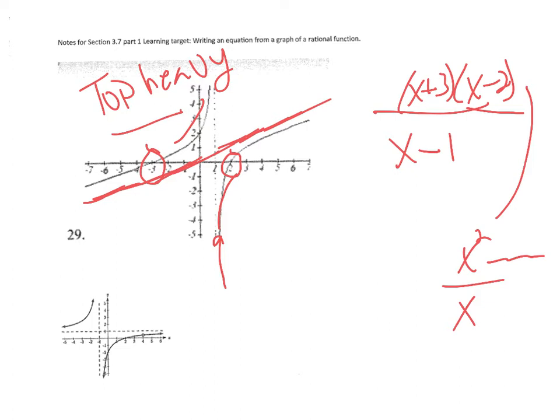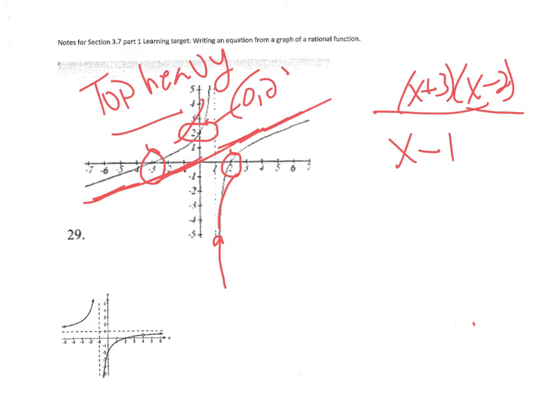Now, the only thing I've got to worry about is, does it cross? If I substitute, I see a y-intercept is (0, 2). If I drop in 0, do I get 2 for output? Well, let's see here. If I drop in 0, I'm going to get 3 times negative 2, definitely not 2. So there must be some stretch factor going on.